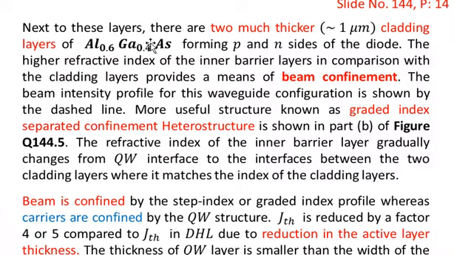Next to these layers, there are two much thicker 1 micron cladding layers. Here we are talking about the P layer and the N layer.